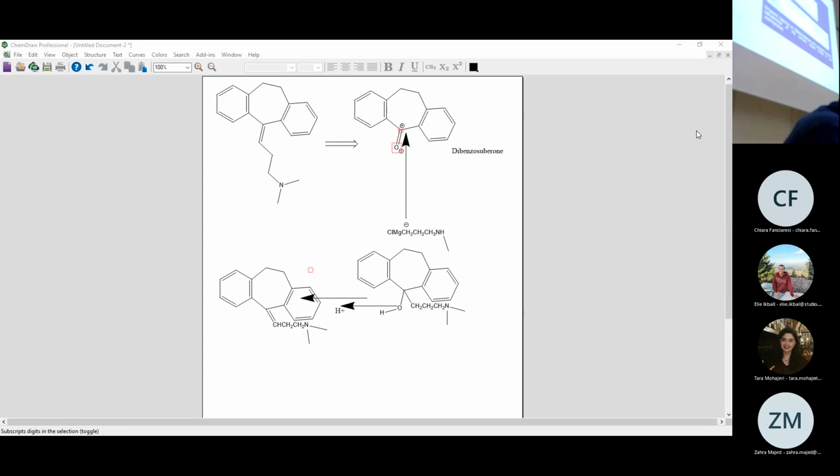So you understand that the problem of the use of these drugs is not simple. You can have suicide during the depression. You can have another type of suicide by using this type of compounds.